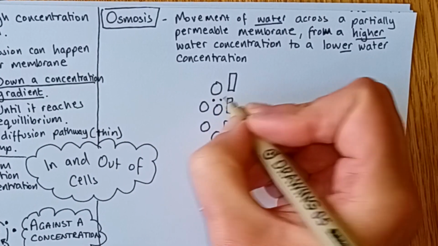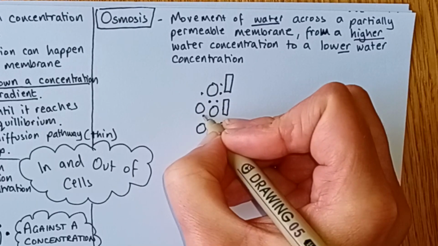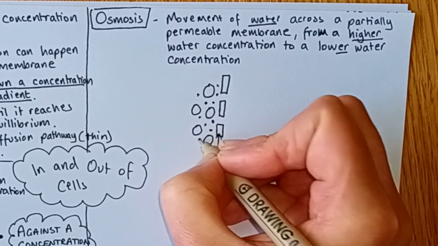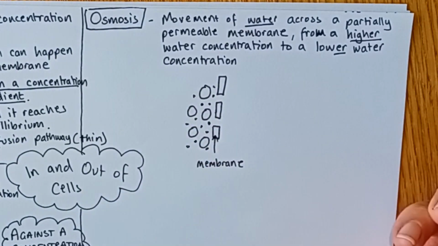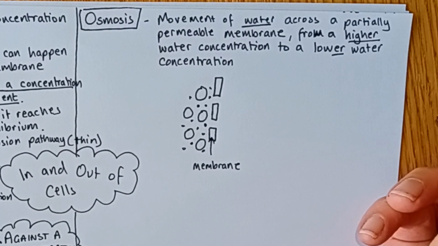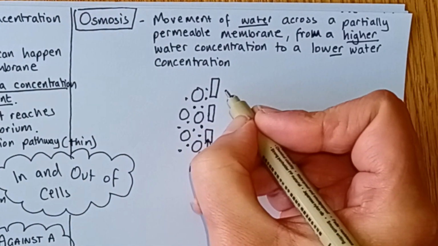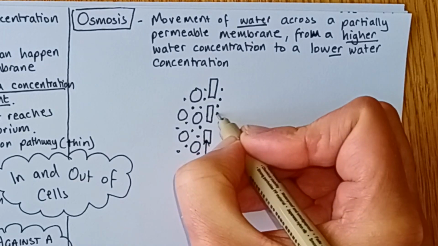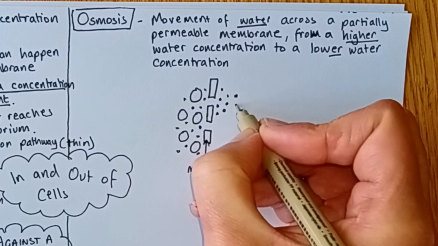They're in a solution though, which means they're dissolved in water. So I'm going to put some little dots around them. On this side, then, I'm going to put pure water, so it's just going to be all little dots.